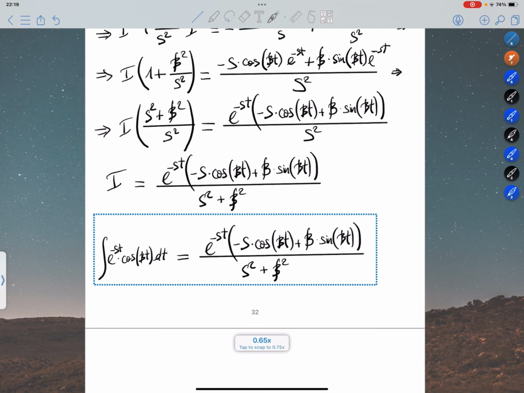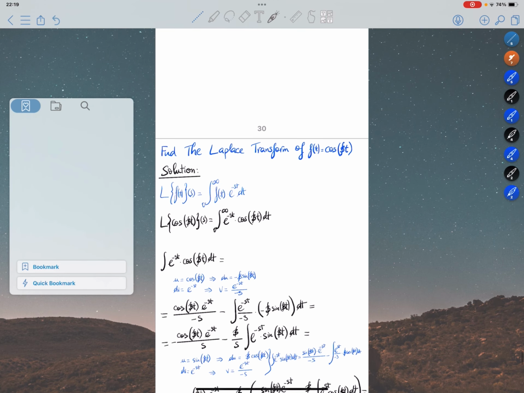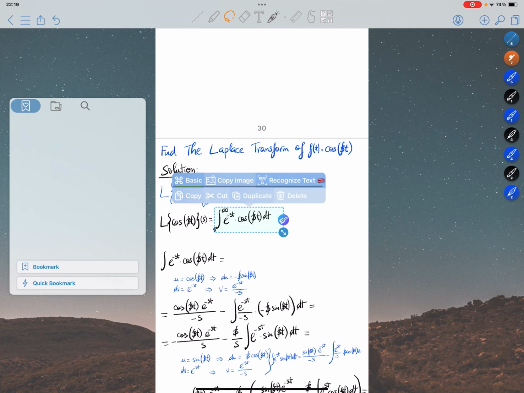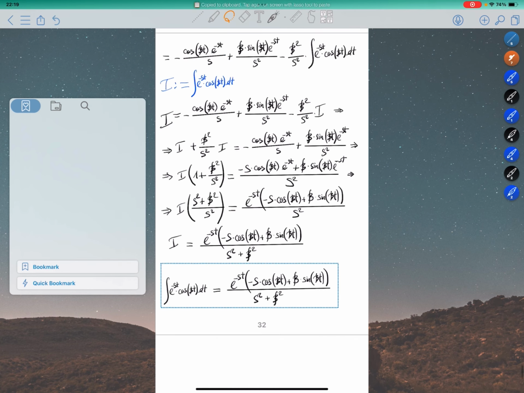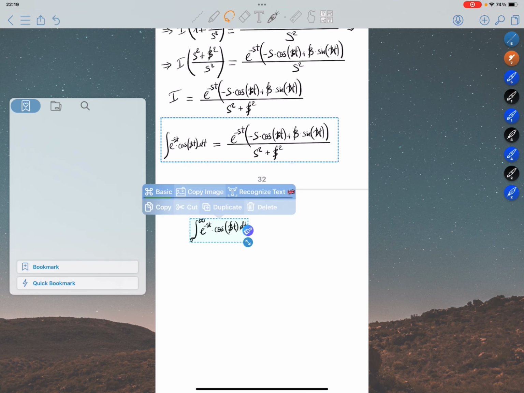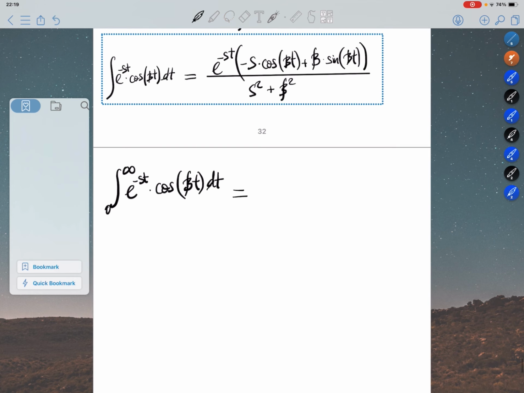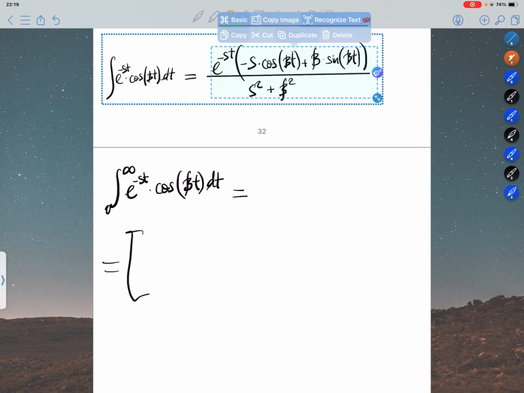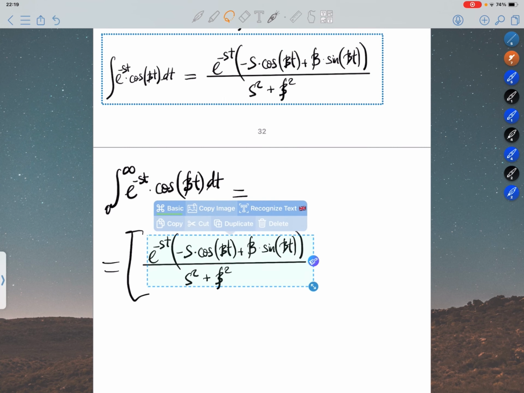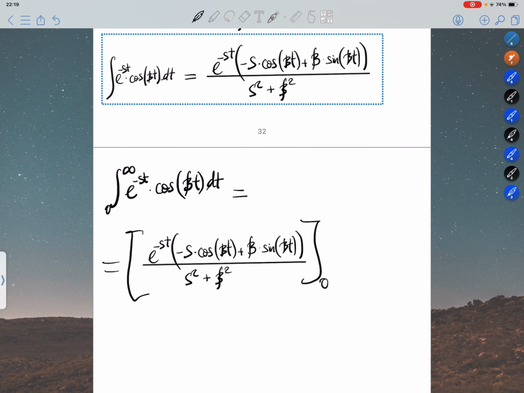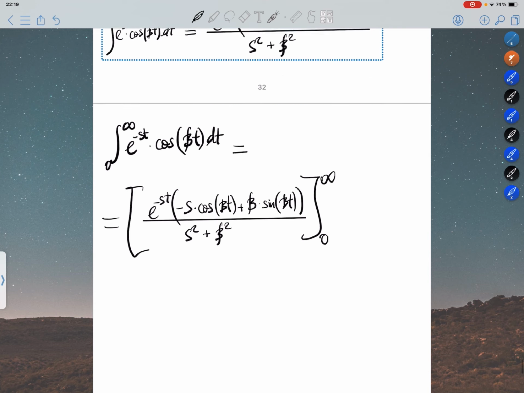Right. So this is the indefinite integral, right? But what we wanted to find at the beginning is this definite integral that goes from 0 to infinity, right? So this was our goal. So this would be what we have found here, and we put this bracket 0 to infinity, right?